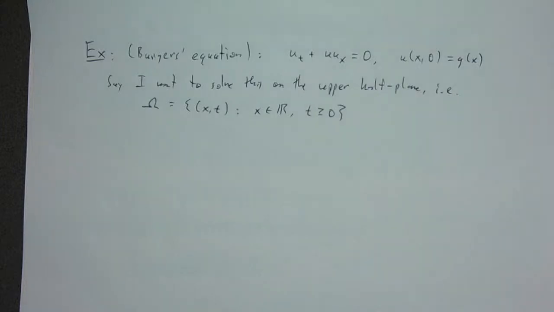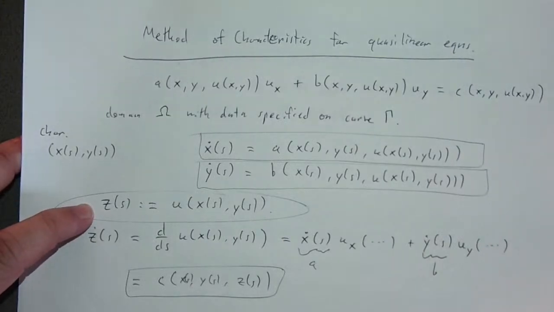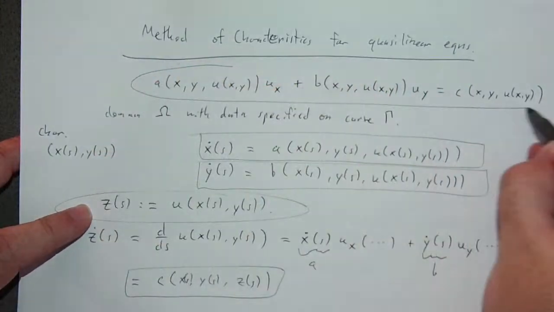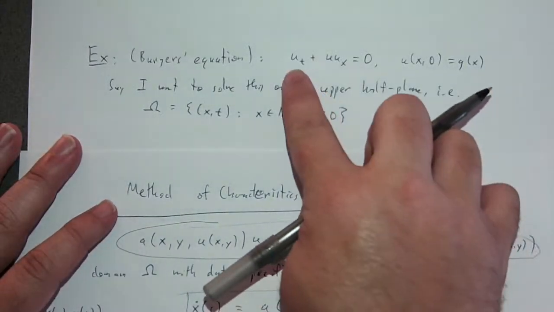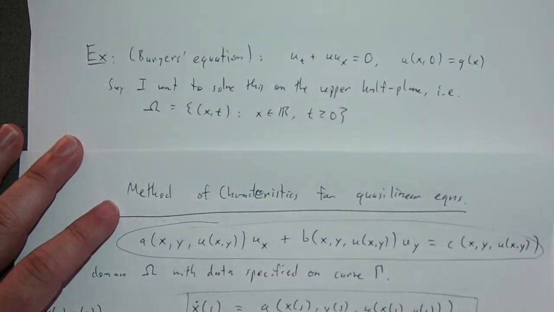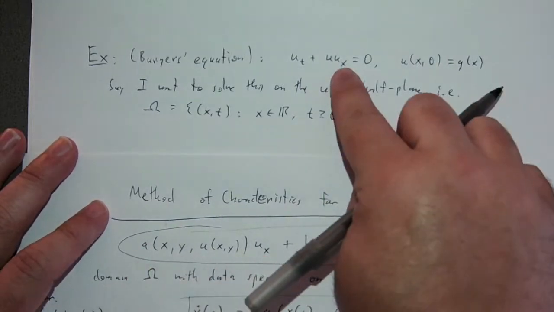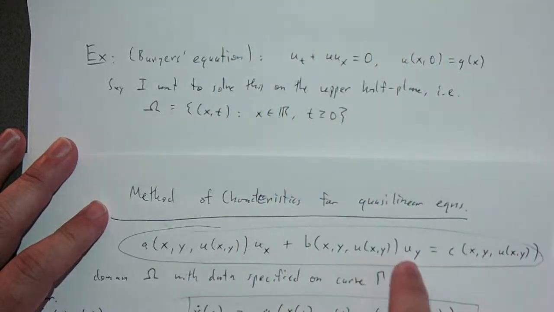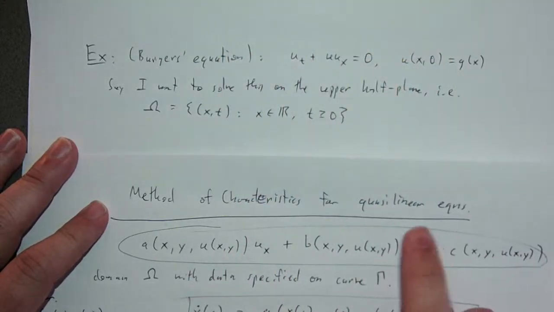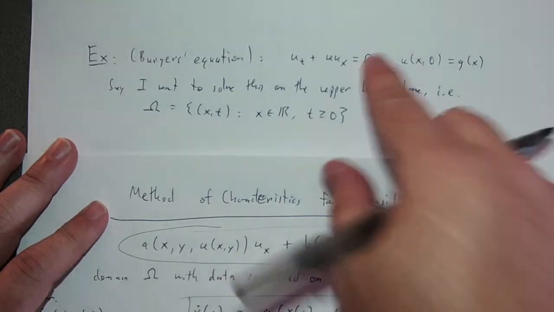So recall, quasi-linear is of this form. The question is, what are a, b, and c here for Burgers' equation? Well, we'll let a be the function on the x term, so we'll pretend this is written in the opposite order. We'll let b be the function on the u sub t term, and then c, of course, is the right-hand side.